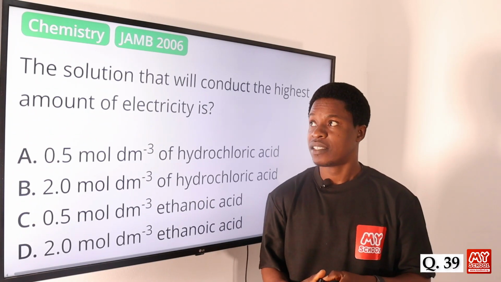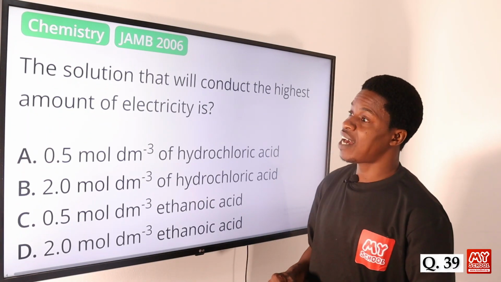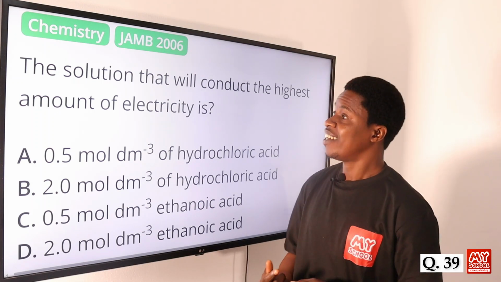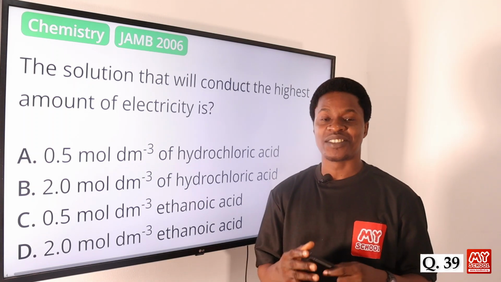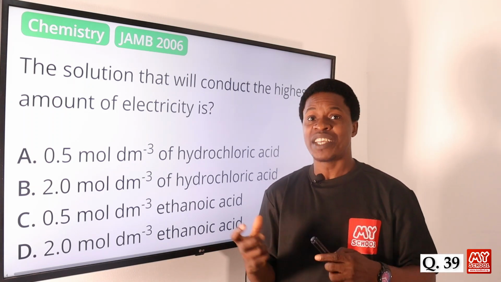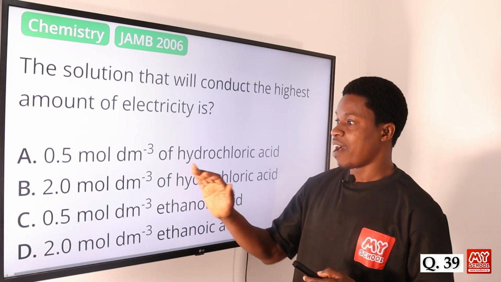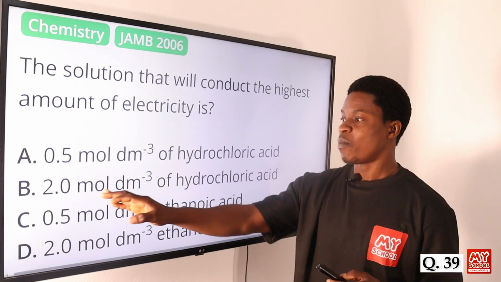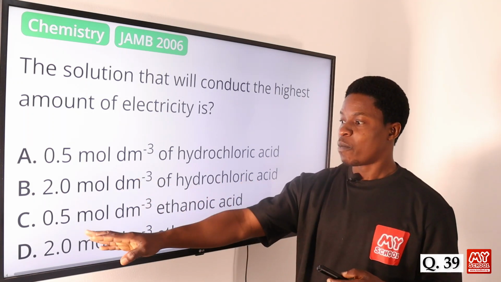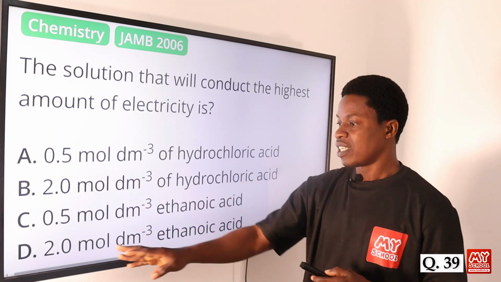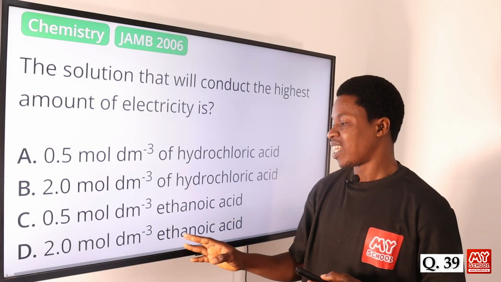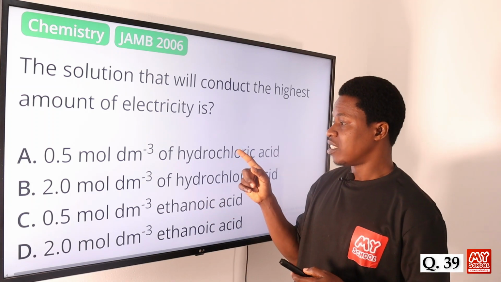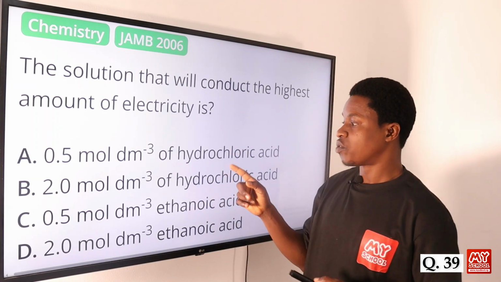Question 39. The solution that will conduct the highest amount of electricity is what? When we talk about the highest amount of electricity, we are talking about the strength of the acid. We have 0.5 mole per dm cube of hydrochloric acid, 2.0 mole per dm cube of hydrochloric acid, 0.5 mole per dm cube ethanoic acid, and 2.0 mole per dm cube ethanoic acid.